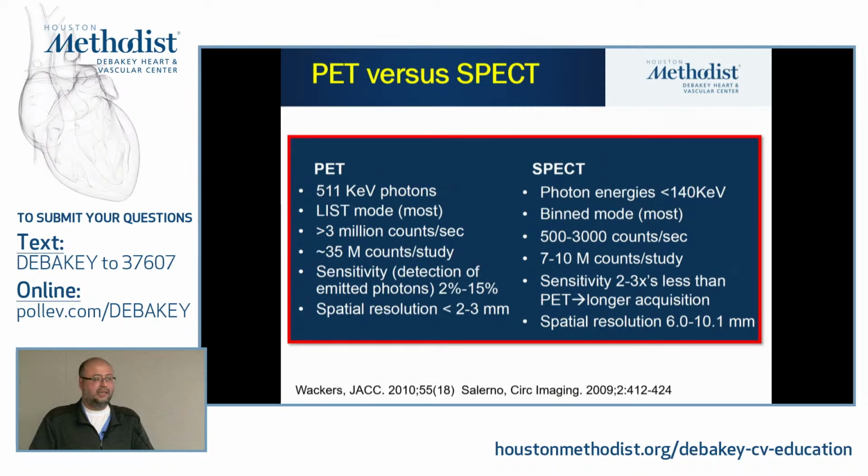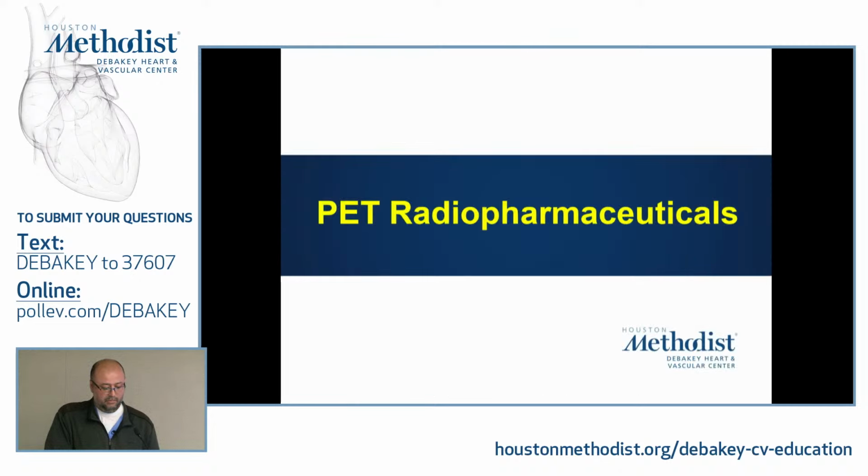It's a very sensitive system, and PET CT, especially the digital ones, are very sensitive. Spatial resolution depends on many things, but you get much better spatial resolution with PET compared to SPECT. And in some cases, with some radioisotopes, I'll show you later, it may be on par with other cross-sectional imaging. Before we go to PET radiopharmaceuticals, any questions?